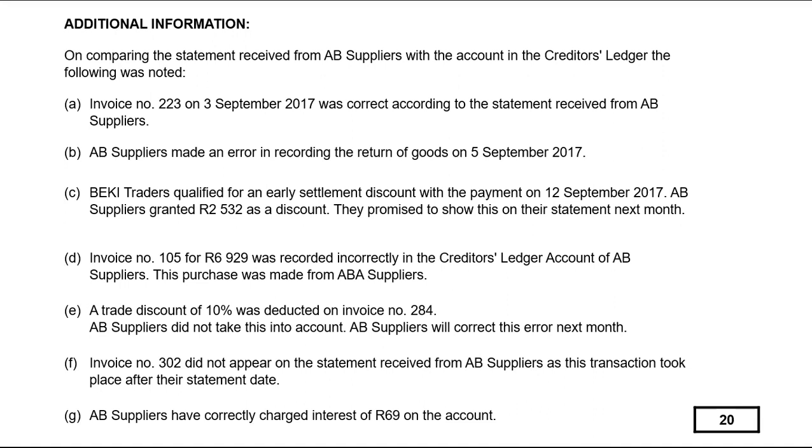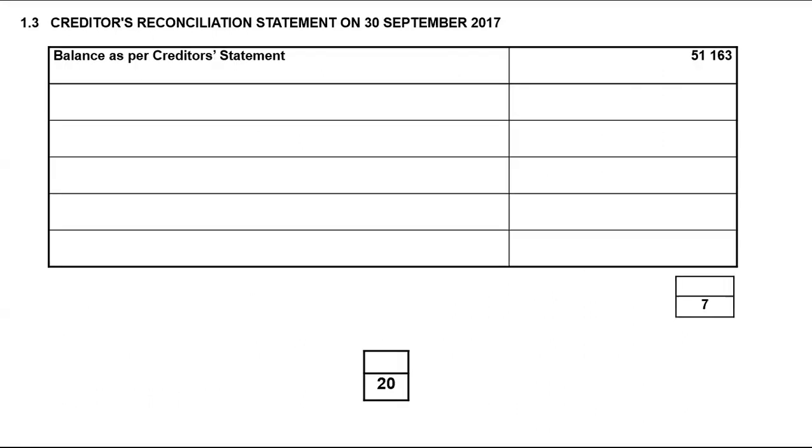So we need to reduce it twice. All right. So how are we going to record this? We are going to record it in the creditors reconciliation statement. Error as per the invoice. You are going to reduce that by twice 618. 618 times 2 will give you 1,236. So we're going to put that in brackets. You get 2 marks for that.